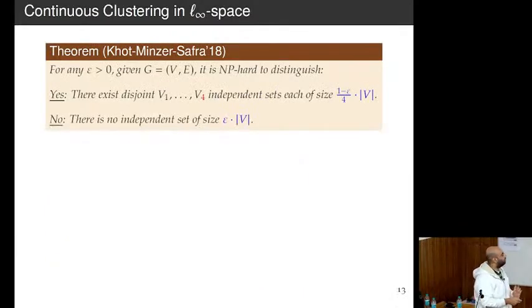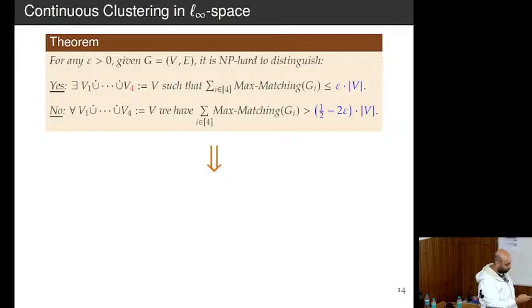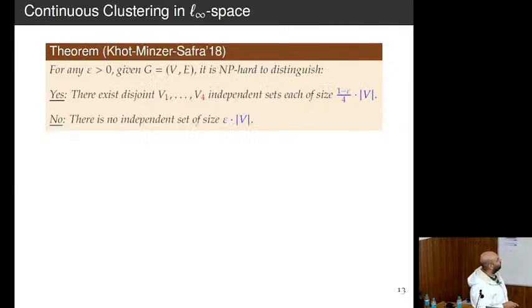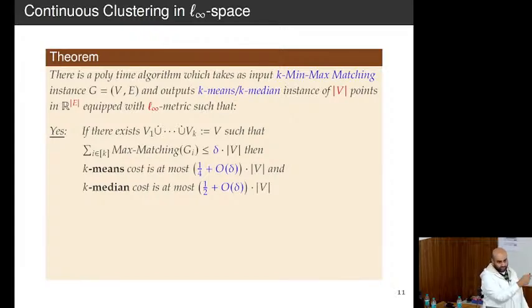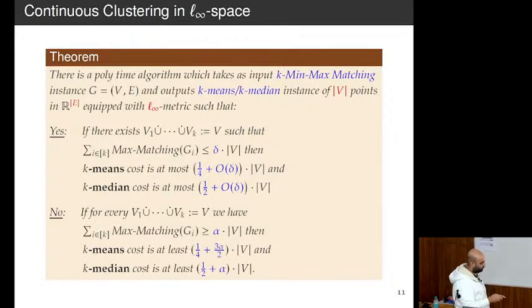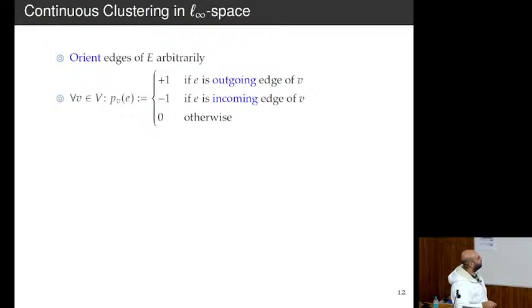Okay. So all of this is good because what we have shown is that this is roughly true. I mean, that was the proof of what we just saw. But then we still need hardness for max matching.